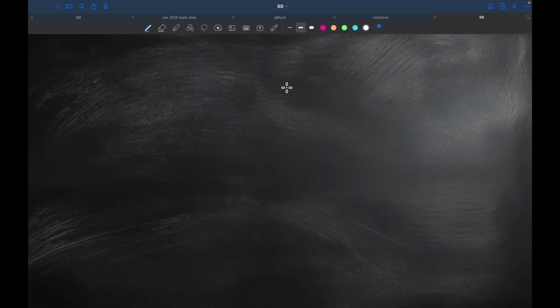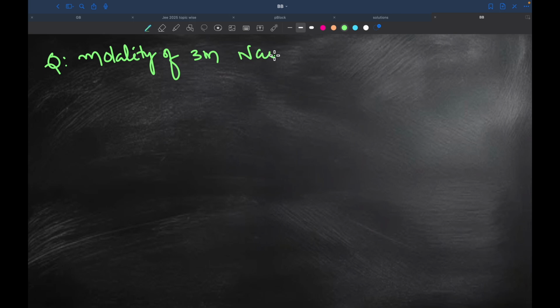Okay. So let us take a question here. The question is: molality of 3 molar NaOH solution with density equal to 1.2 is. So this you have to find.